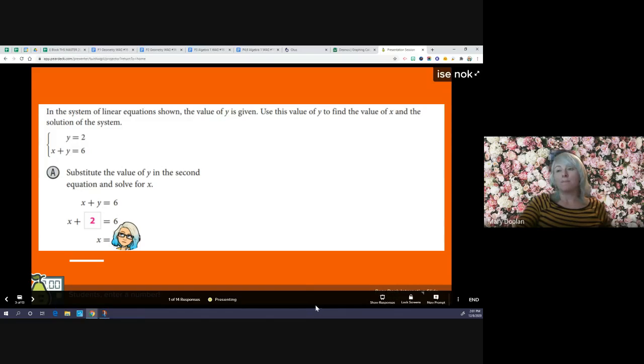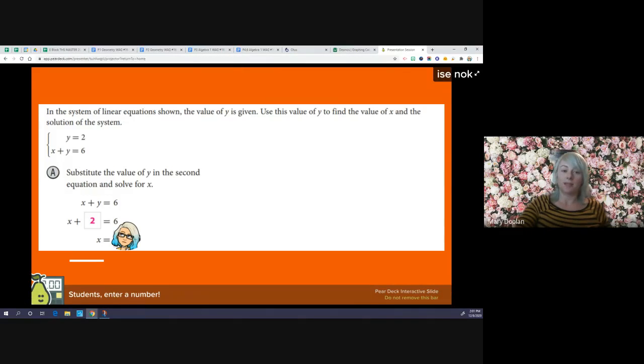So you're going to type me a number in your Pear Deck tab. What do you think x equals? x plus 2 equals 6. What does x have to equal?